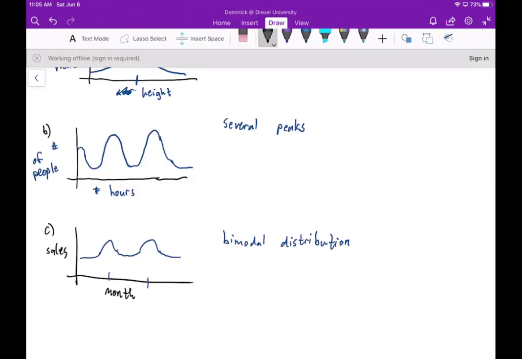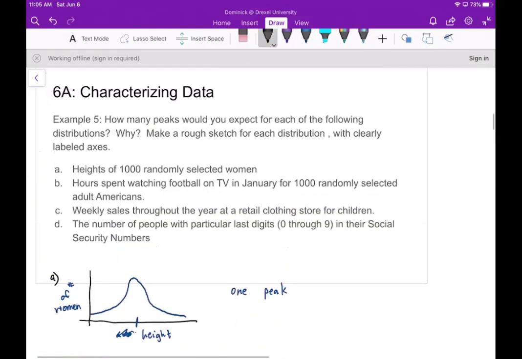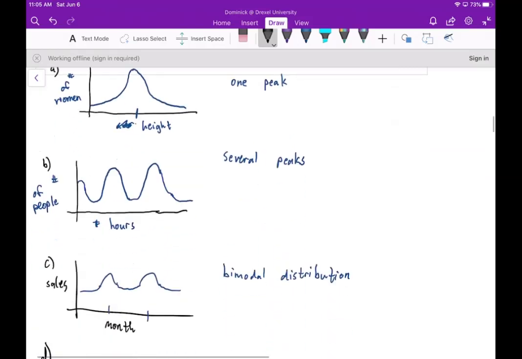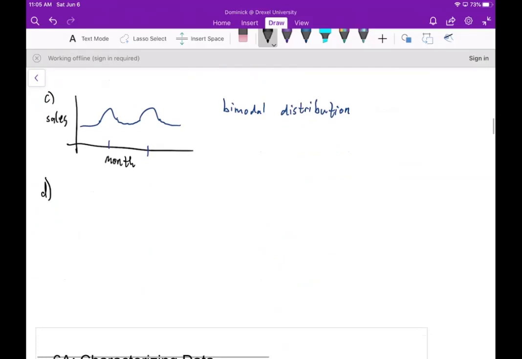Okay, and then finally for part D, we have the number of people with particular last digits 0 through 9 in their social security numbers. So now, of course, this is the oddball case, because here you would have the digit and here you have the number of people.